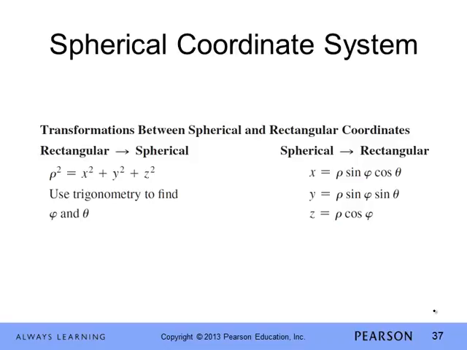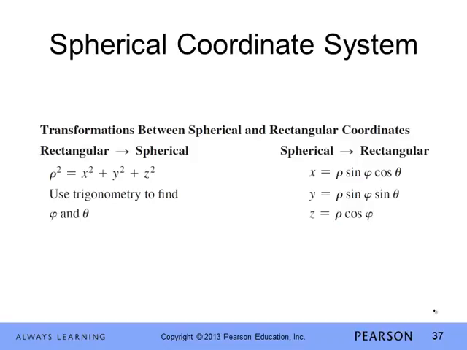In the cylindrical coordinate system, you needed to know 2 linear measurements and an angular measurement. Well, with the spherical coordinate system, you need to know 2 angles and a linear measurement.